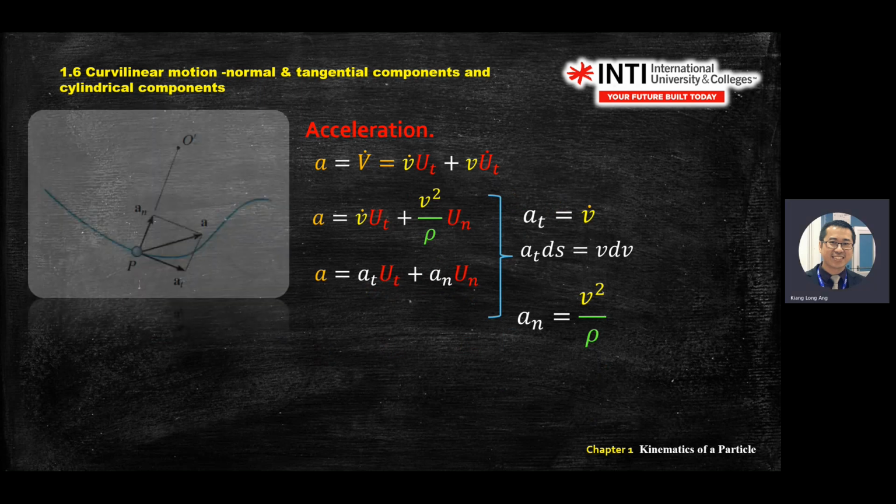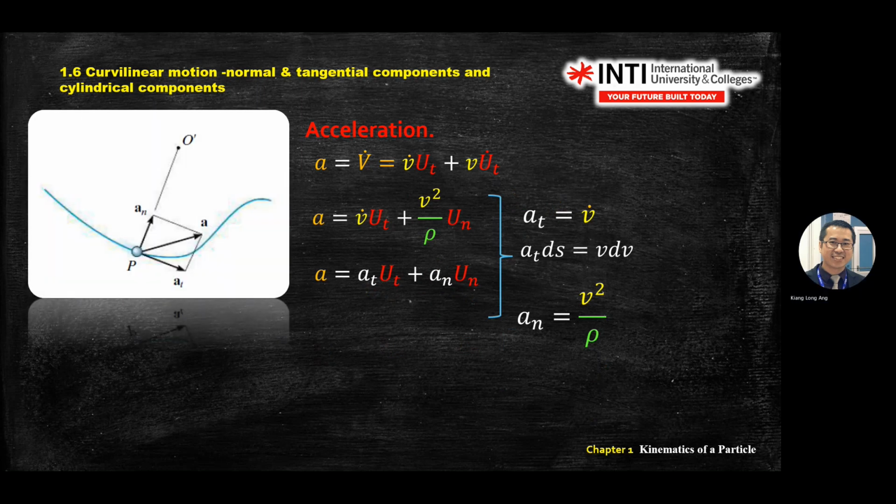So when you have this equation, you need to know how to plot the graph. So again, when you have curvature motion, you look at this diagram, you always have one pointing to the center, and you know that what you draw towards the center becomes acceleration normal.